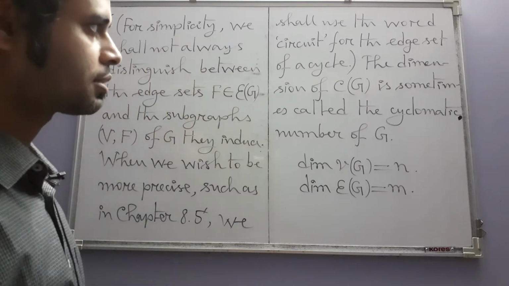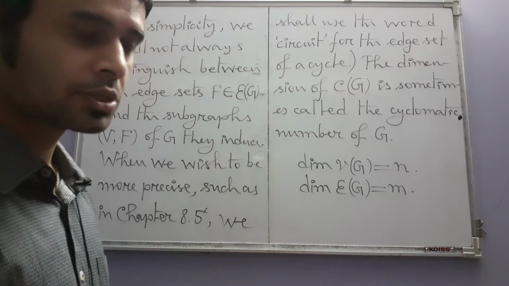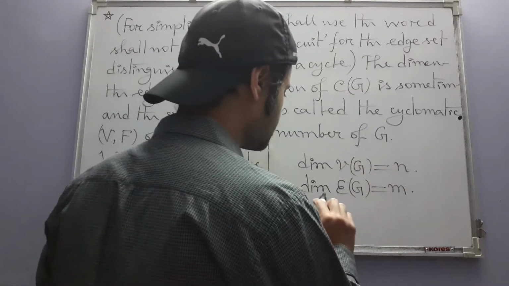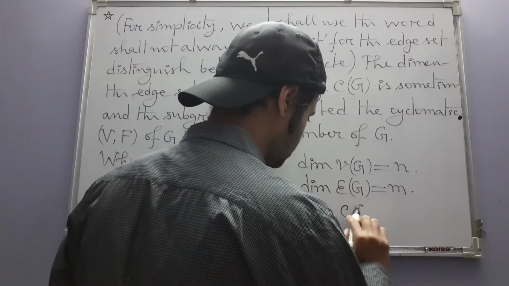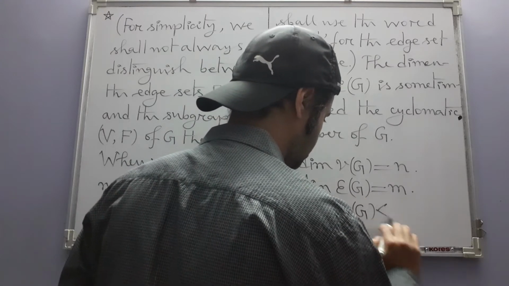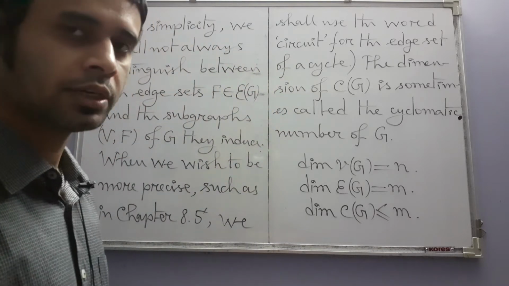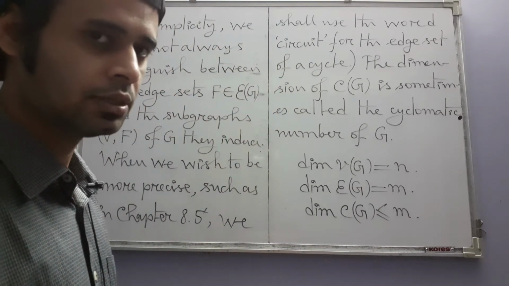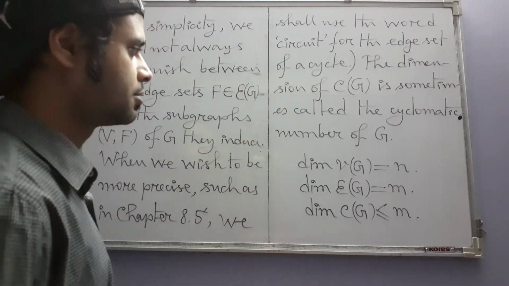And because the cycle space is after all a subspace of epsilon of G, this cyclomatic number will be less than or equal to the dimension of the edge space, that is the size of the graph, or the number of edges.